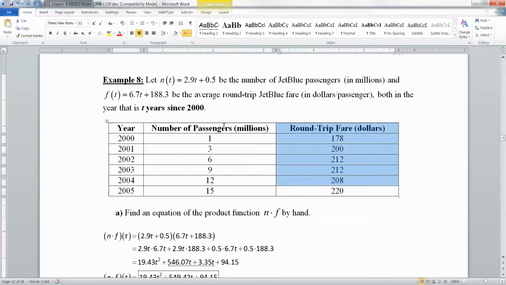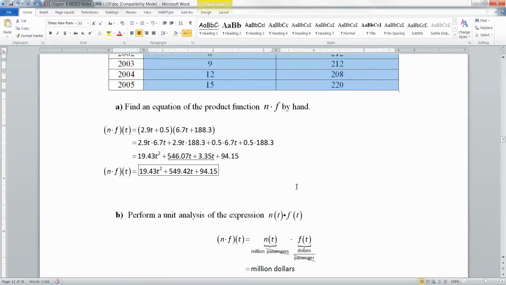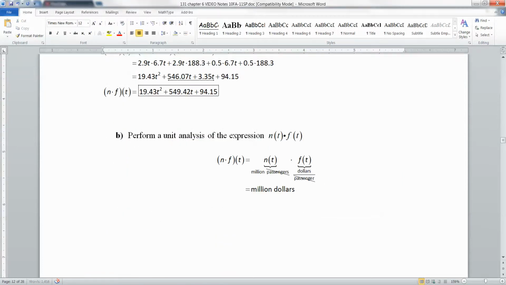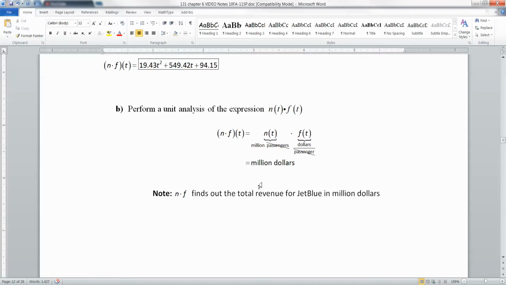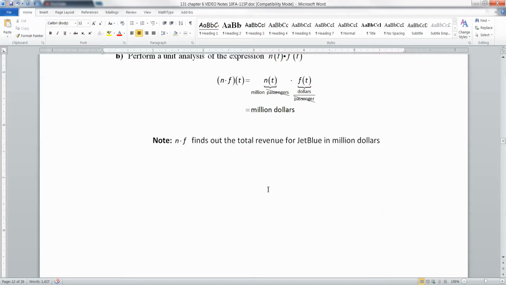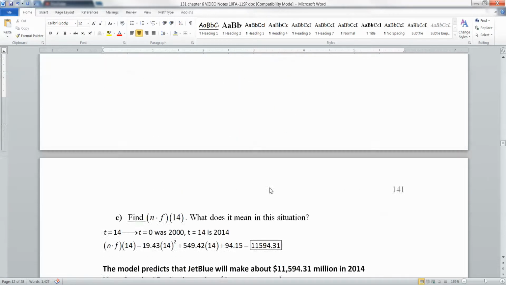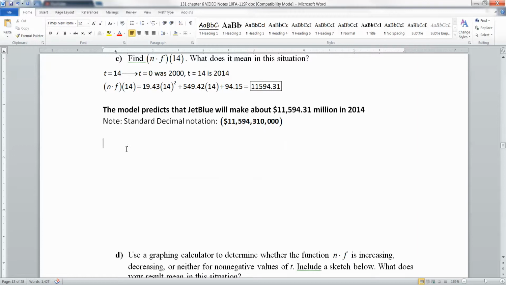So you take how many people you have in millions and multiply it by how many dollars you're charging them, and you have how much money the company's making in $1 million, right? So I could make a note of that right here. Note, that's what your function n times f is finding. It's finding the total revenue. Revenue is the money you're making for JetBlue in $1 million. And that's what was borne out right here.